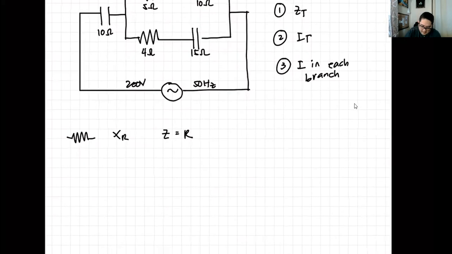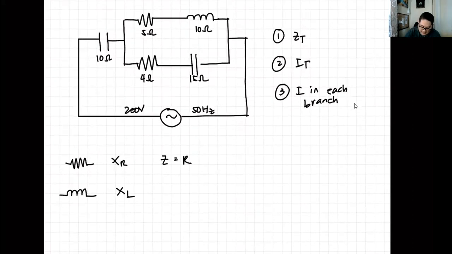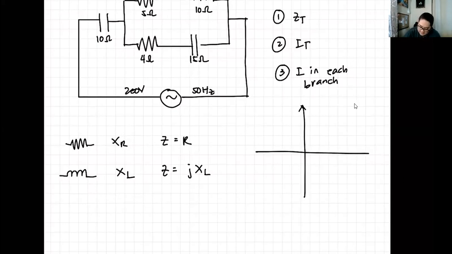Okay? Then yung ating inductor, yung kanyang reactance, ang tawag sa kanya ay XL. And then kapag yung impedance niya ng ating inductor, pag yung J notation natin, JXL yung kanyang impedance. Kasi kung halimbawa ito yung ating axis, no?